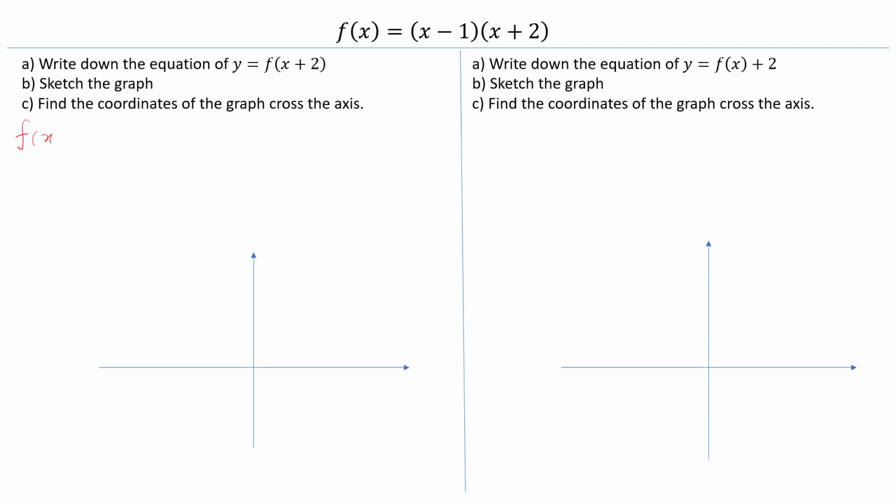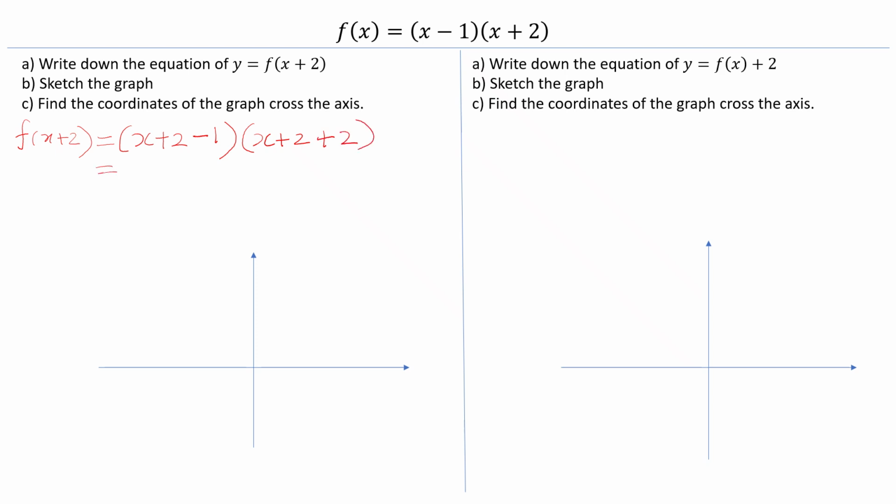For f(x plus 2), wherever the x is there, we need to put x plus 2. So in the first bracket, x minus 1, I'm going to put x plus 2, then minus 1. In the second bracket, x plus 2, wherever x, I'm going to put x plus 2, so x plus 2 plus 2.